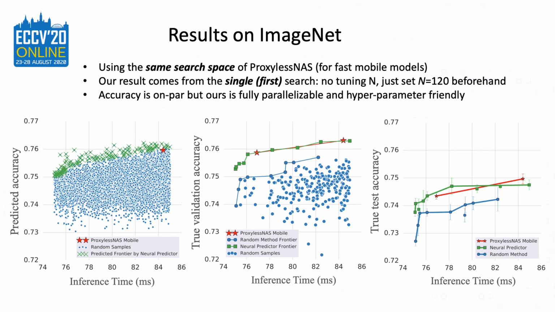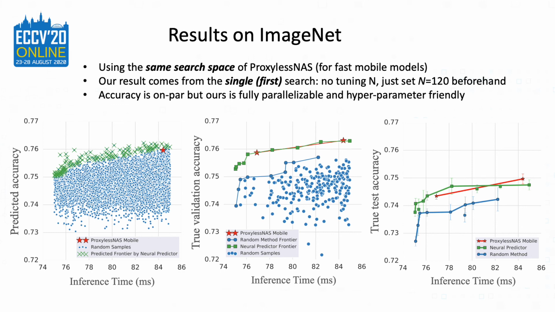However, for ProxylessNAS, we had to tune its hyperparameters by running multiple times to reproduce a good result. In the left figure, we predicted the accuracies of about 1 million random models with inference time between 75 and 85 milliseconds. Then we trained the models on the predicted frontier in green, which includes 137 models.